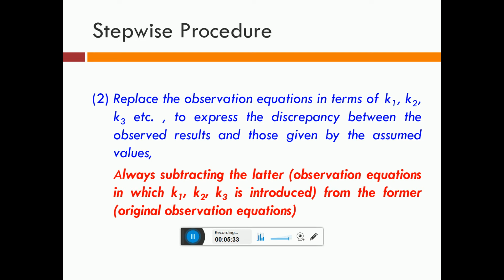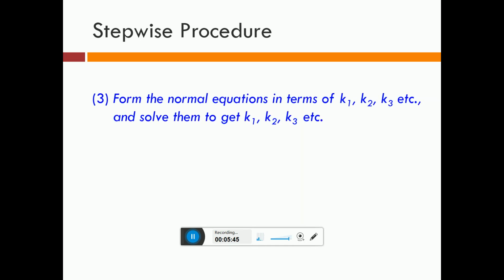That means you introduce K1, K2, K3 in the given equations so that you get the new set of equations. Then subtract this new set of equations from the original equations. After subtracting, you will get the reduced form of the equations for K1, K2, K3, and this reduced form of the equations is to be used to form the normal equations.